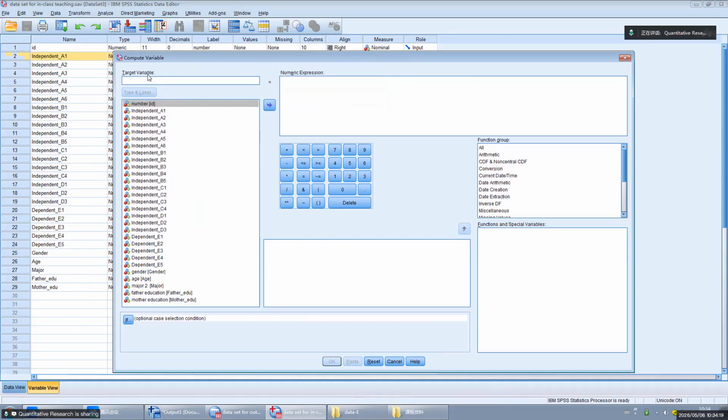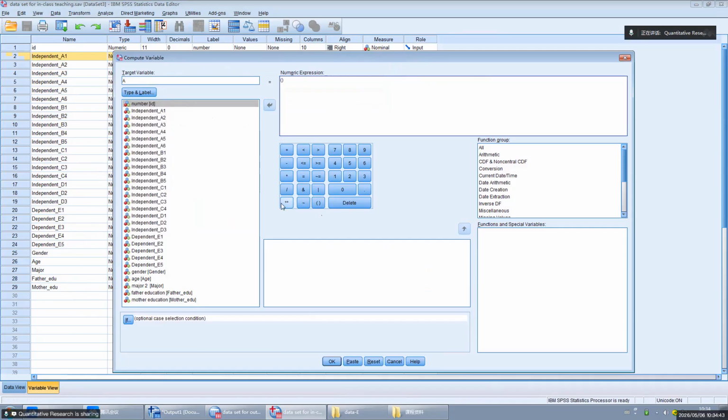First of all, you need to give a name, right? You compute the mean scores, so you create a new variable. So you have to give a new name to the variable. The name could be A.